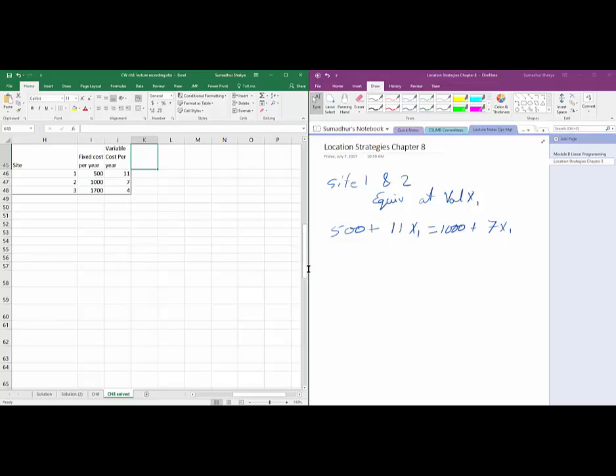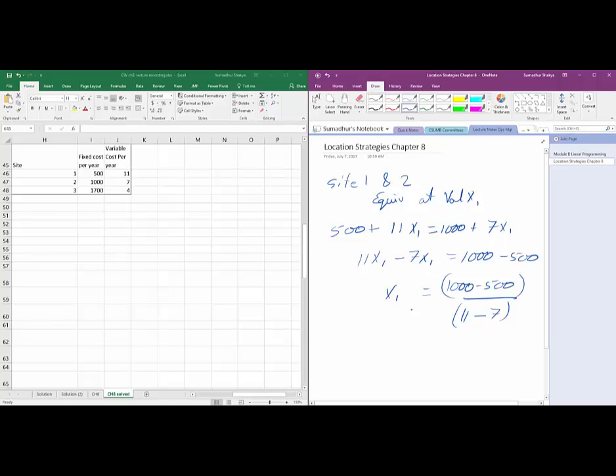We can rearrange this: 11x1 minus 7x1 equals 1000 minus 500. So x1 is equal to 1000 minus 500 divided by 11 minus 7. This comes out to be the break-even point between site 1 and site 2.